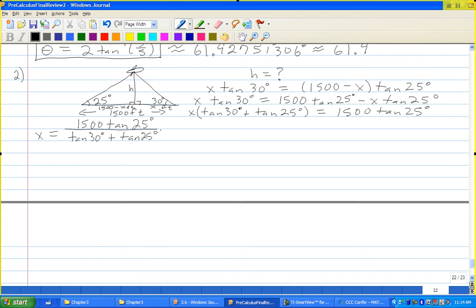Okay, so I have that H, let's do it as a tangent again. H is equal to X times tangent of 30 degrees.